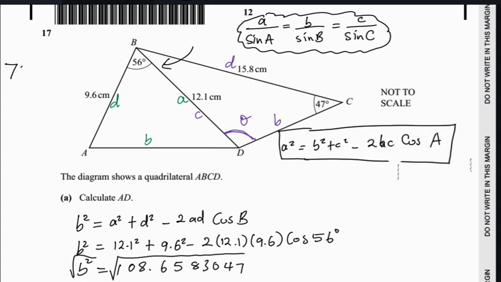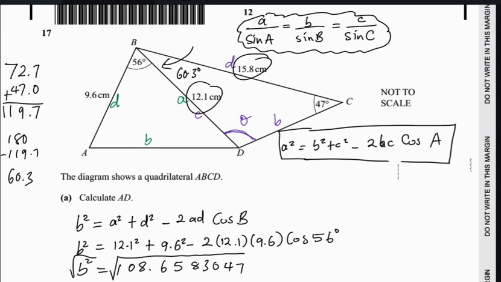So we add 72.7 plus 47.0, that is 119.7. Then 180 minus 119.7 gives 60.3. So this angle is 60.3 degrees. That's the one we are using since we have this side and that side.